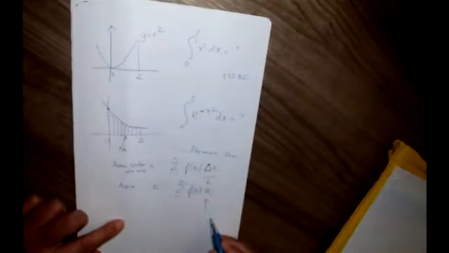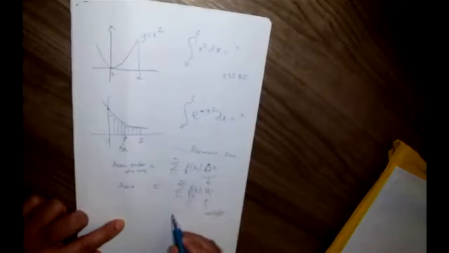Then this one we call a weight. Just to give the definition, this is a weight, and this one, xi, we call a quadrature point. So a quadrature rule is just any formula of this type.